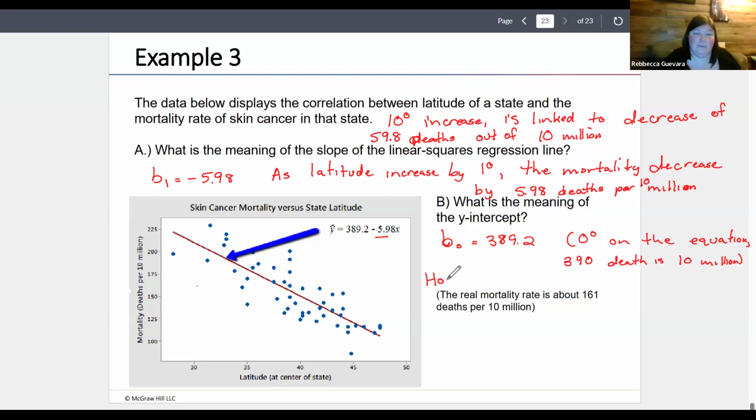However, the problem is that 0 needs to be extrapolated.